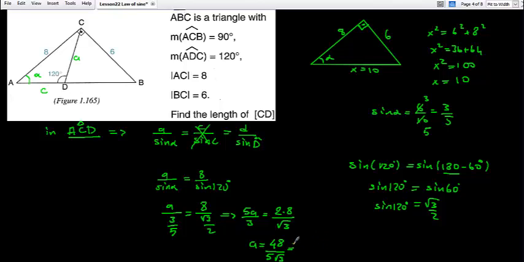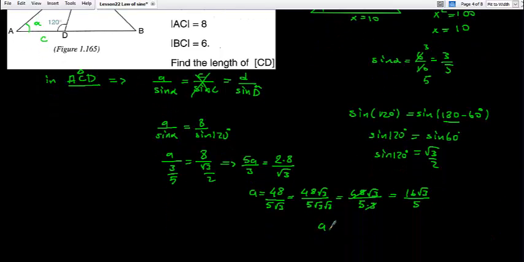If you multiply by root 3, it's 48 root 3 over 5 root 3 times root 3, which is 48 root 3 over 5 times 3. When you simplify, a is equal to 16 root 3 over 5.